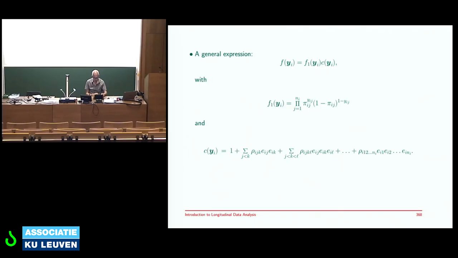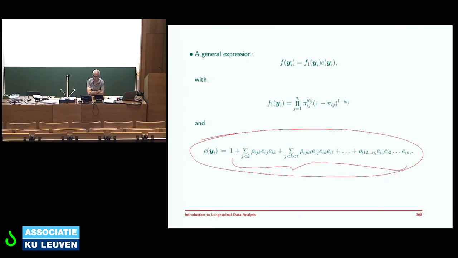And that correlation function here takes a simple form, 1 plus something. Now look at the something. The something is equal to 0 if all correlations are equal to 0, and then C is equal to 1. So in that case, the model reduces to logistic regressions. Once again, something that reduces to logistic regression.